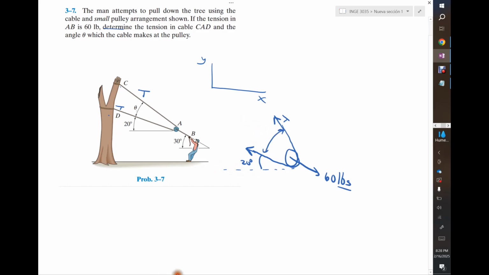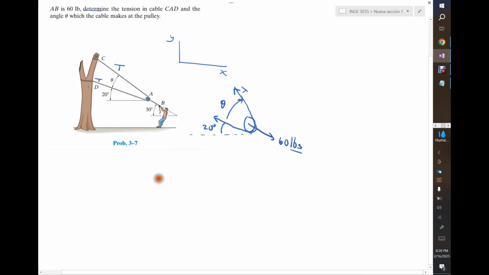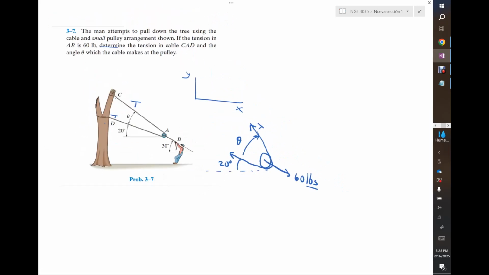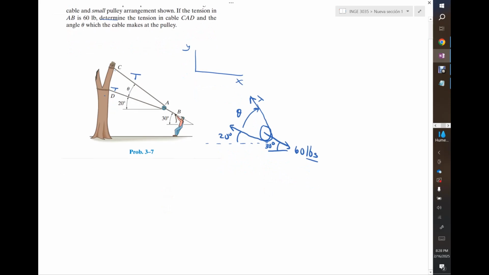Sorry for that, it's theta. 20 degrees. That's basically the point. The other item that I need is that this is an angle, and they provide that the angle is 30 degrees. So now I have all the information required to break this into axes, the y and x axis.